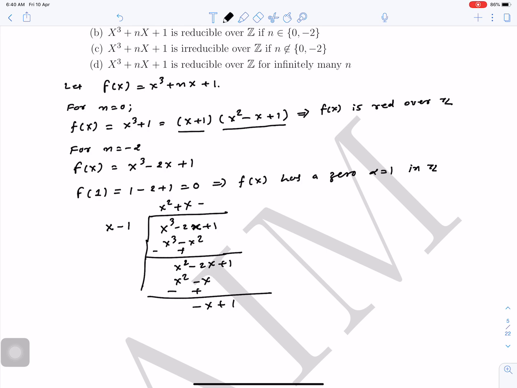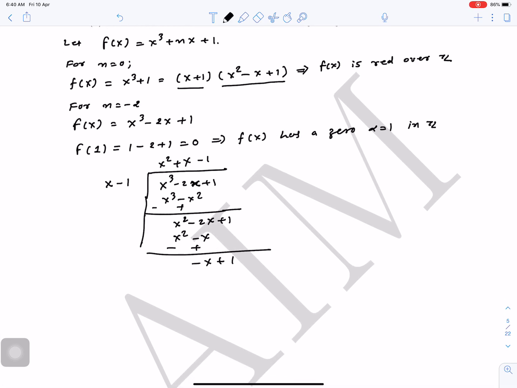Then minus x plus 1, and we have 0. Therefore x cube minus 2x plus 1 is (x square plus x minus 1) times (x minus 1). So it is reducible in Z[x].